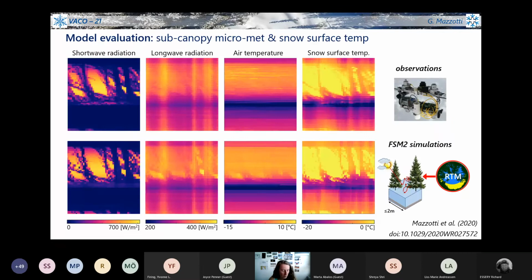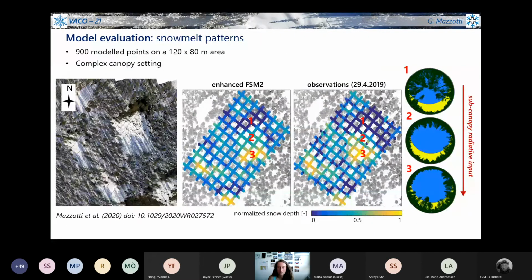And now, the positive impacts of these enhancements are quite obvious if you look at the simulations performed with this enhanced FSM version. Now the individual variability patterns of the different processes are well captured, and notably also their interactions. You see, for instance, how the imprints of the shortwave radiation patterns are seen in the snow surface temperature. And consequently, the model now also manages to capture snow distribution in quite complex canopy settings.